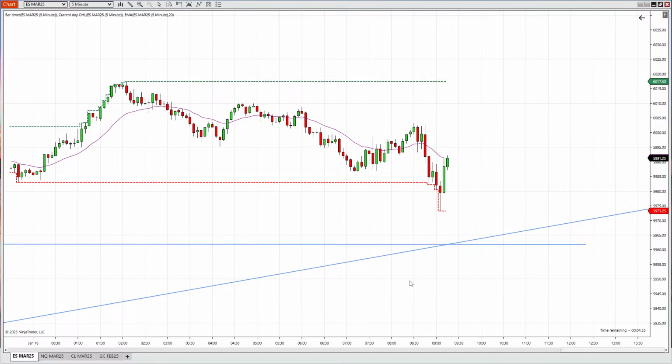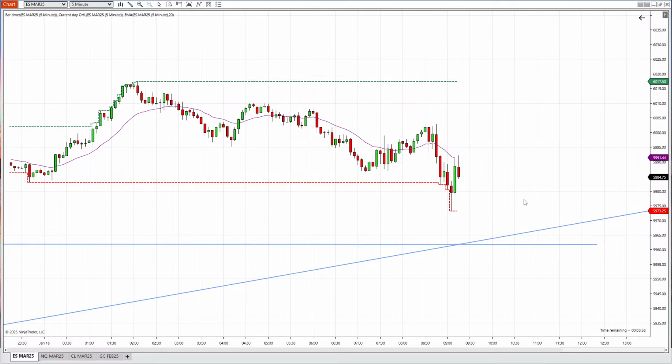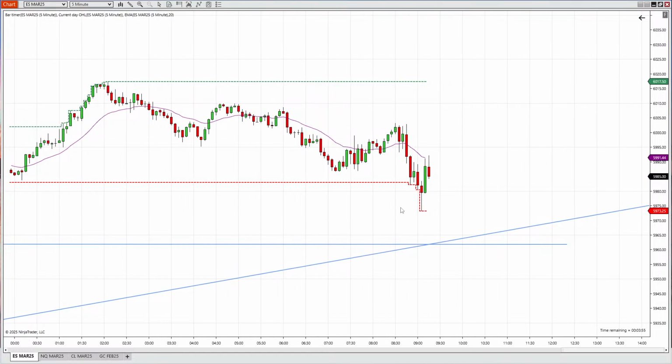Alright, so we're at the moving average now, so this is the first real test for bulls. Alright, it is an outside bar.